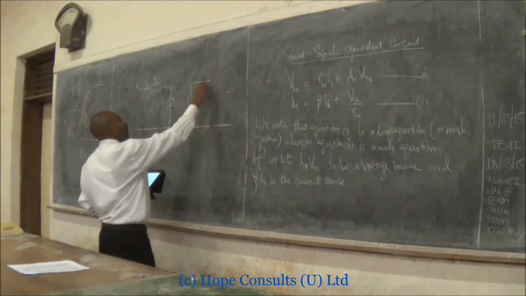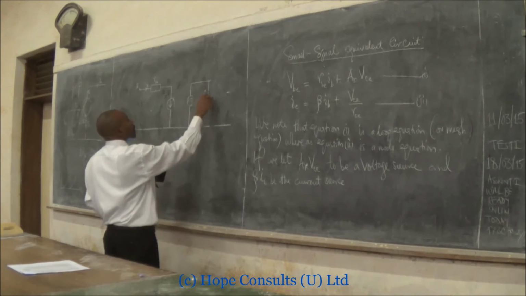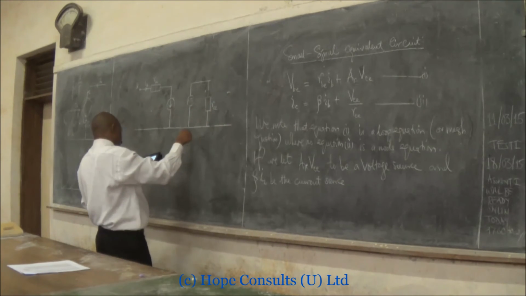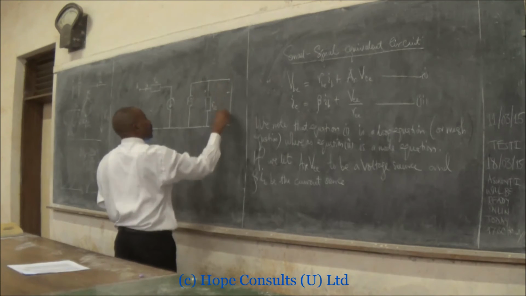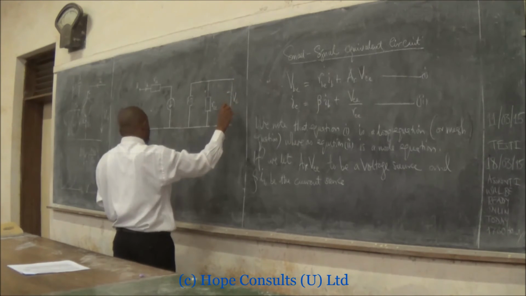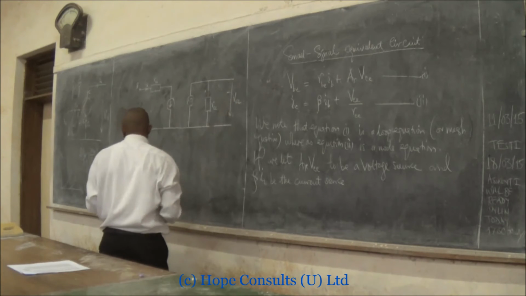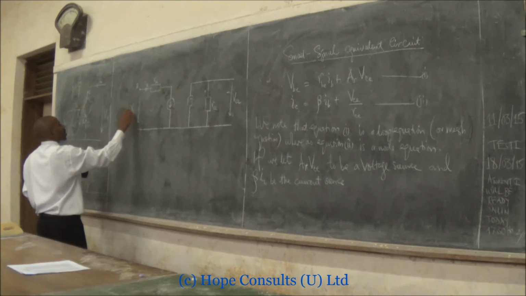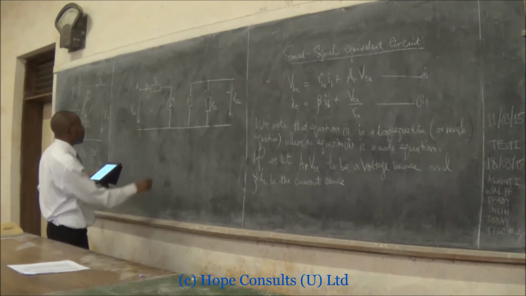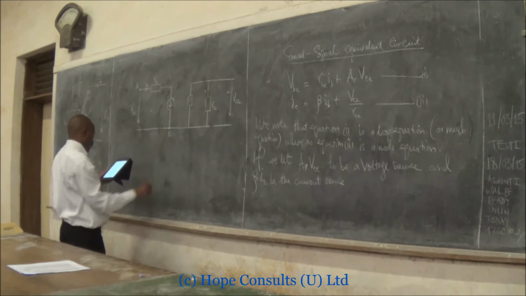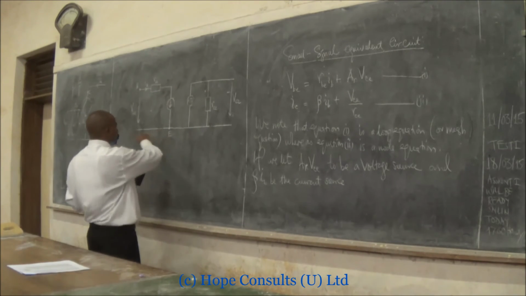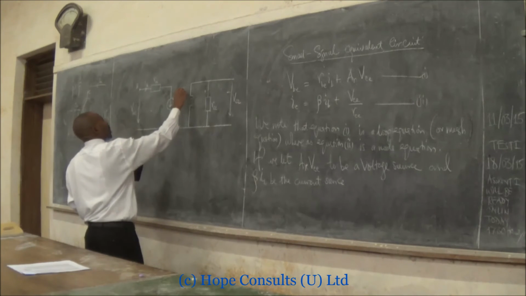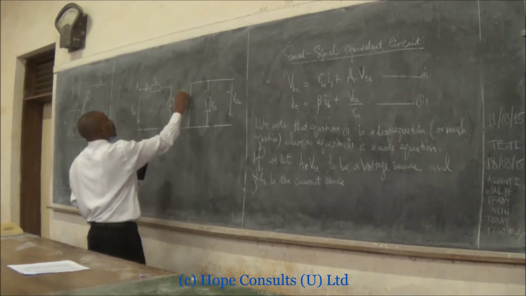So we got our RCE here. And then we have our output here being our VCE, and we have our input here being our VBE. So this is our emitter. The whole line here is the emitter. We have our beta IB.